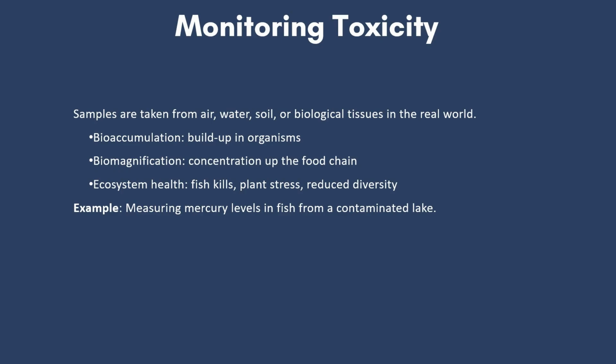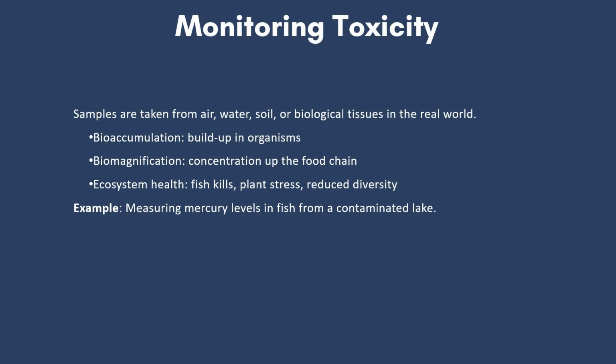Beyond labs, we sample air, water, soil, and tissue to see what's actually out in the environment. We track bioaccumulation, which is the buildup of those toxins within an organism or multiple organisms. And we track biomagnification, which is the increasing concentration up the food webs.